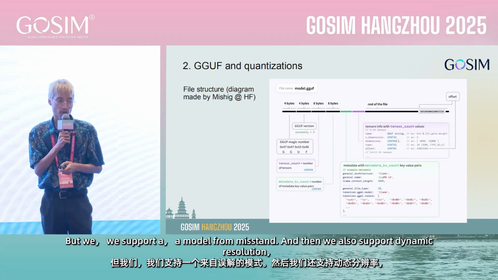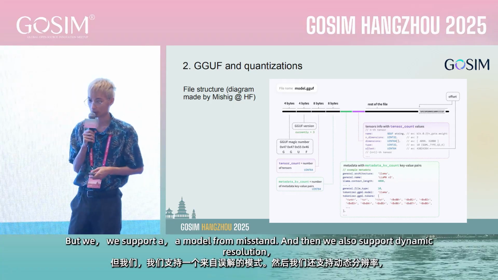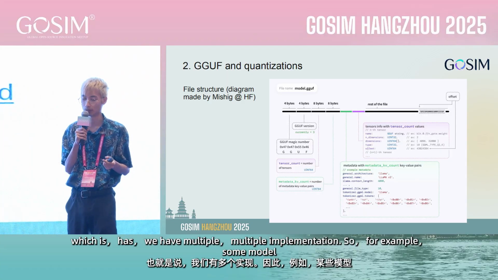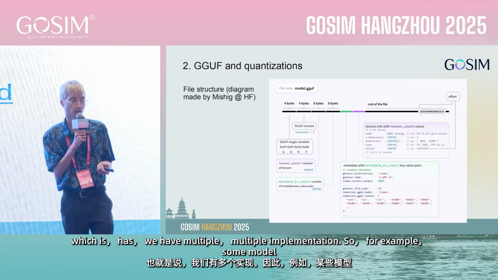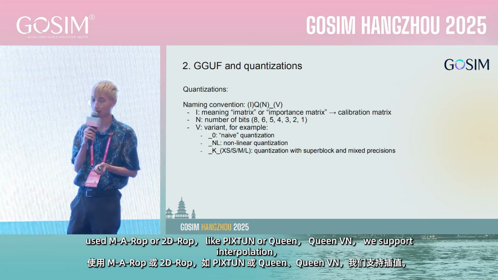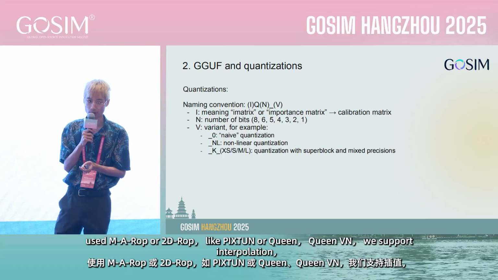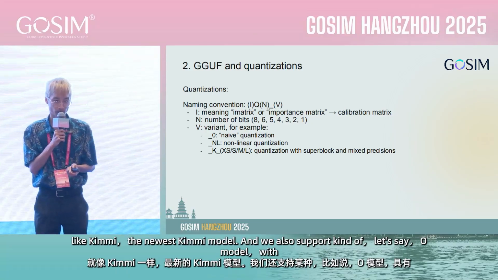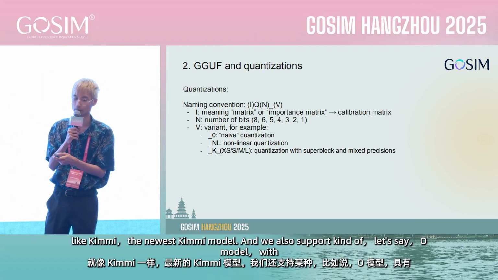And then we also support dynamic resolution, which has multiple implementations. For example, some models use MRoPE or 2D RoPE, like Pixtral or Qwen VL. We support interpolation like Kimi, the newest Kimi model.